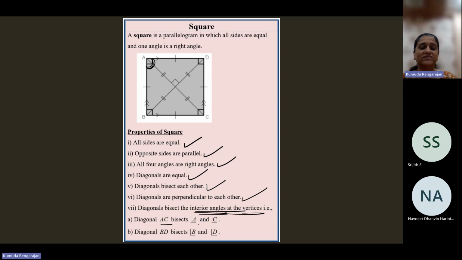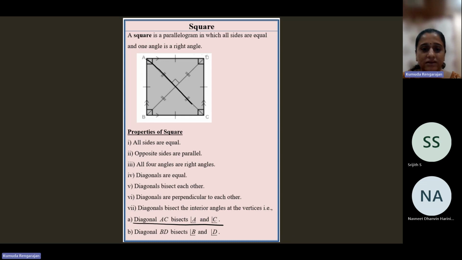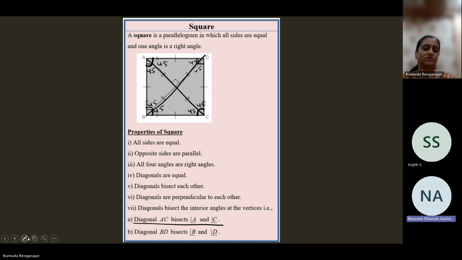Diagonal AC bisects angle A and C. This is the diagonal AC. It bisects angle A, that means 45, 45. It bisects angle C. Diagonal BD bisects angle B and angle D. Bisects means divide into two equal parts.